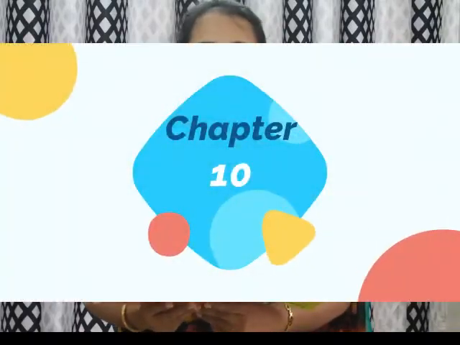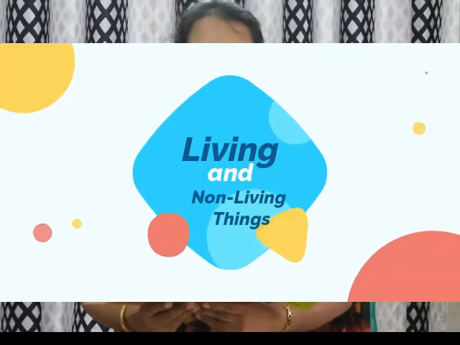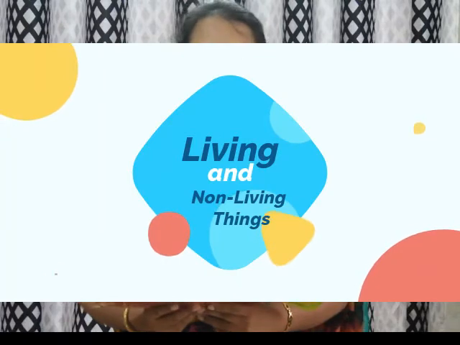There you can see a chapter, living and non-living things. Children, I want you to place your finger while I'm reading so that you can follow me. Kindly keep your fingers on the book and look into your book and listen to me carefully.